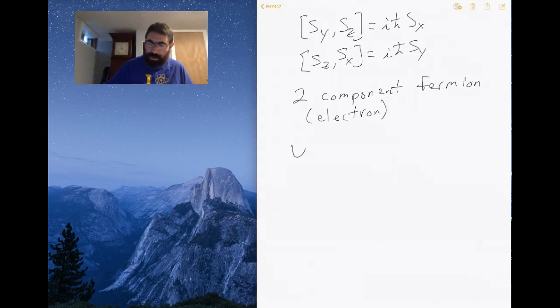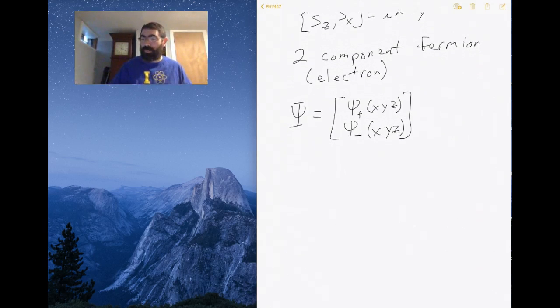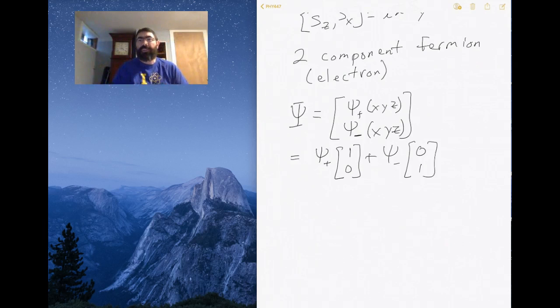So our wave function is really now a wave function spin up, which I'll call psi plus, as a function of x, y, and z, and then another component spin down, which I'll call psi minus, as a function of x, y, and z. I could actually write this in terms of unit vectors. So I would have psi plus times the vector 1, 0 plus psi minus times the vector 0, 1. So I could break it up into two parts.